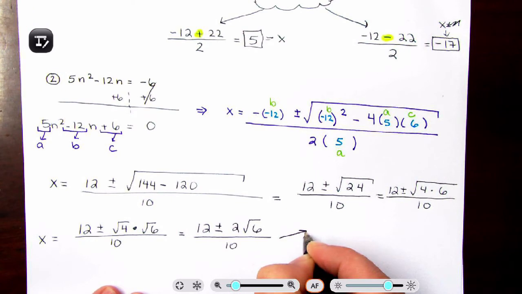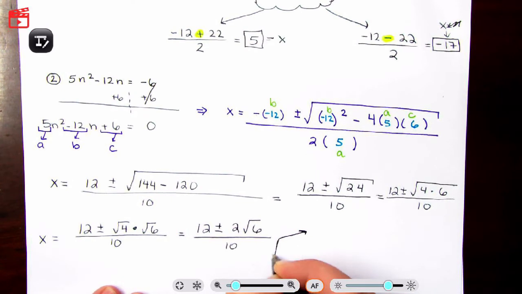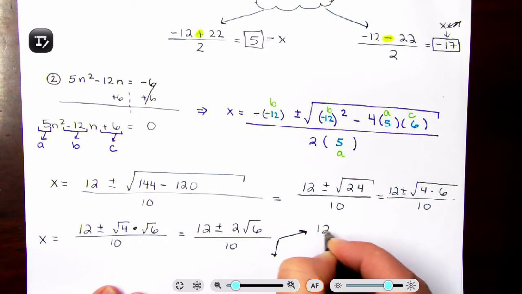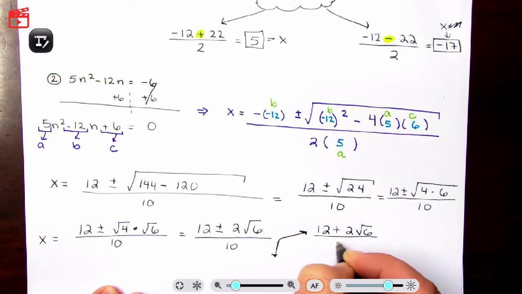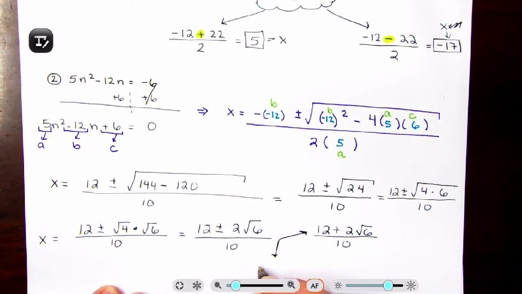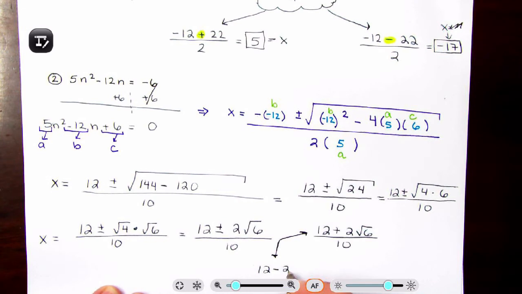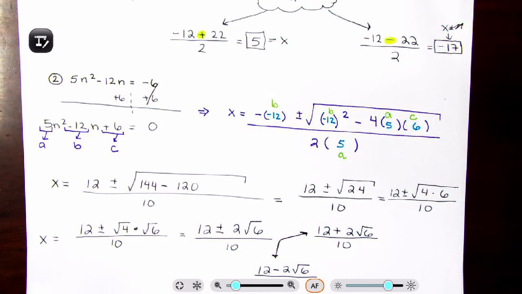Now we're going to split this up into 2. One of them is going to be positive, one of them is going to be negative. So let's do 12 plus 2 times the square root of 6 divided by 10. And here is 12 minus 2 times the square root of 6 divided by 10. And I'm looking to see if there's anything that can be simplified, if there's something that can be pulled out.